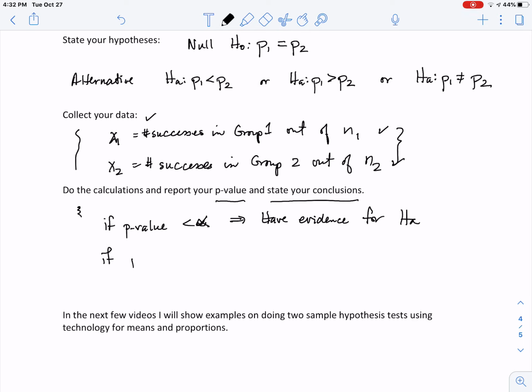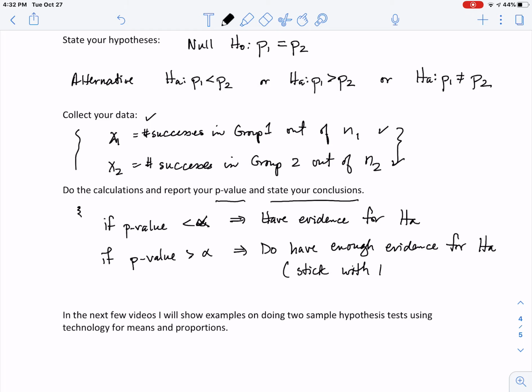If the p-value is greater than alpha, we do not have enough evidence. And so then we stick with H naught. We fail to reject it.